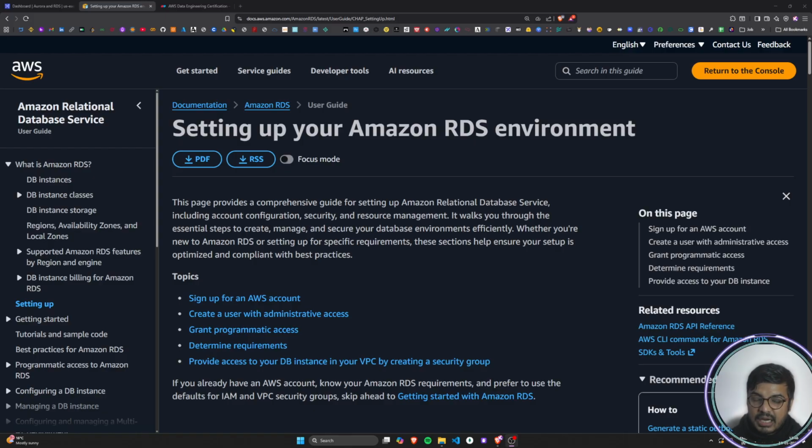And then we understood how we can save our money if we are aware that, let's suppose, for the next 3 years I have to use at least this much amount of RDS. So instead of going ahead with the spot instance, I can go ahead with the reserved instance, and I can save a lot of money.